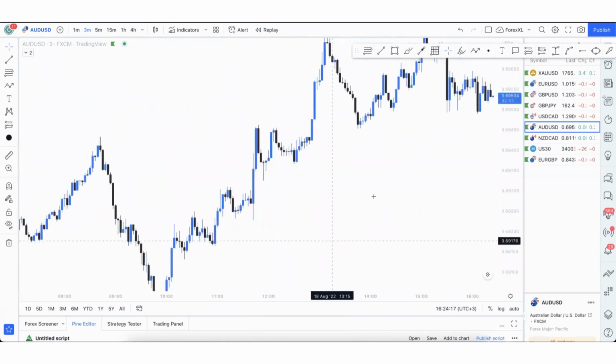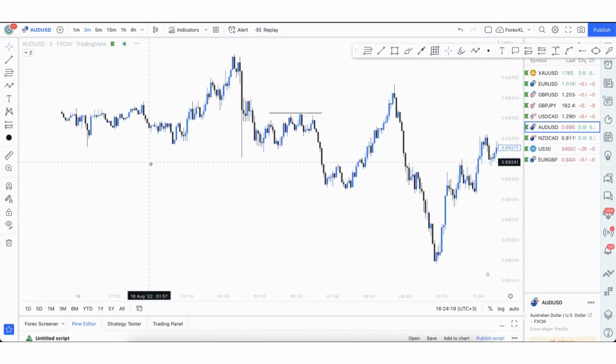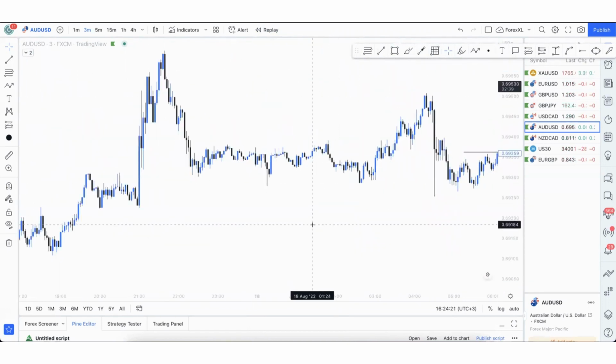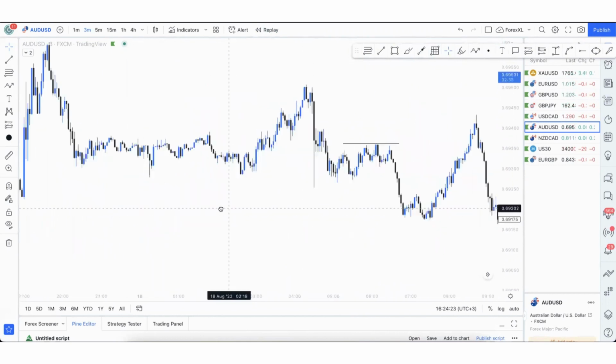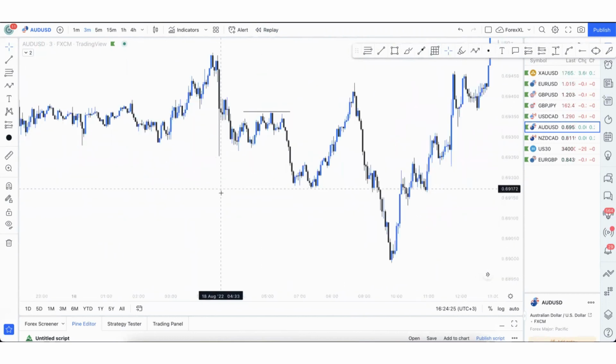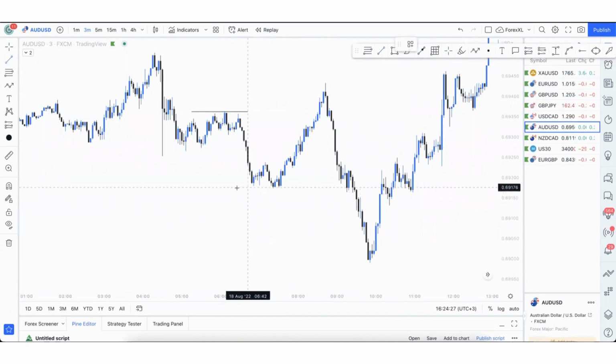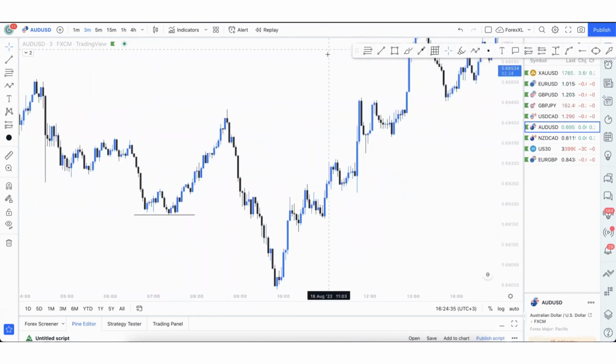So another example is when we see a double bottom like this one. When we see a double bottom like this one, retail traders assume that if you see the price here, it will go up.